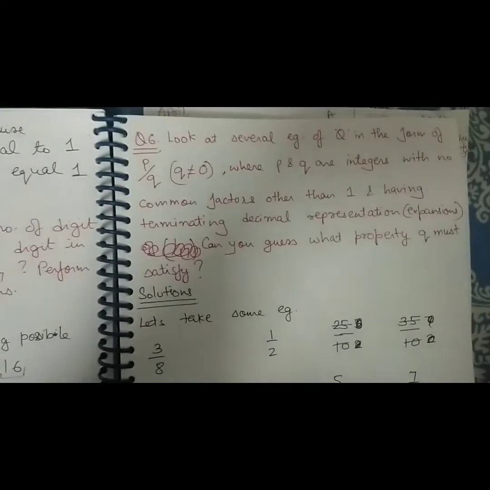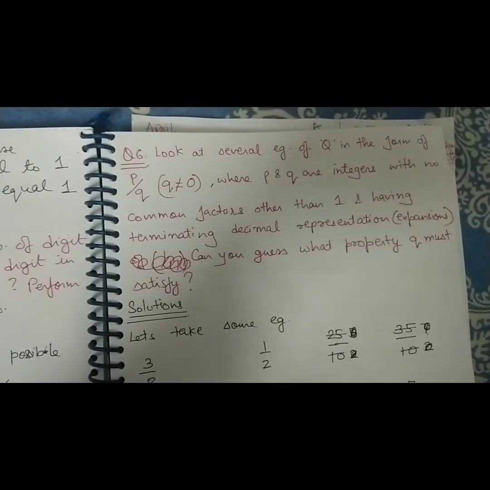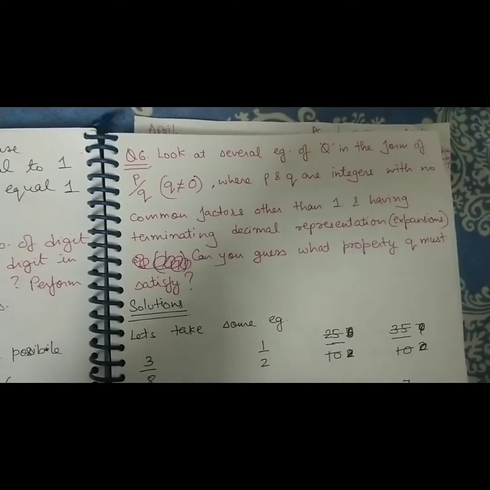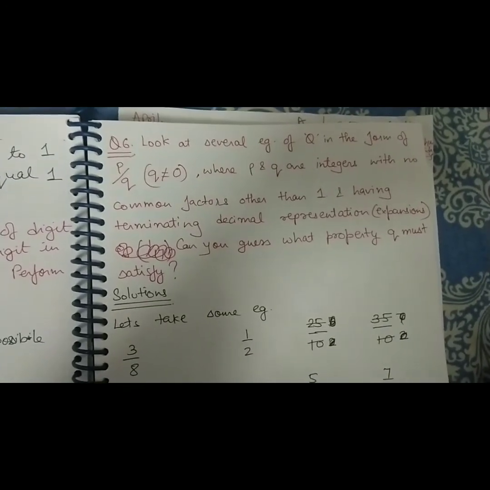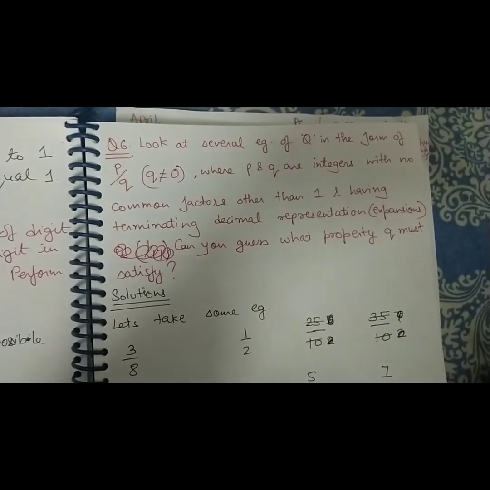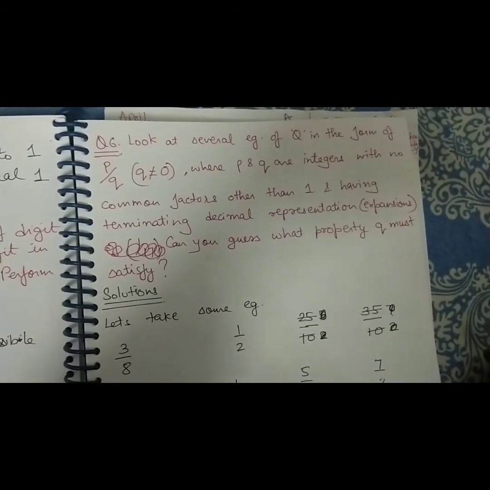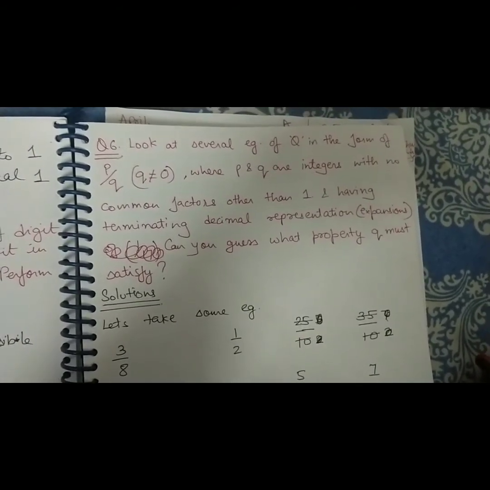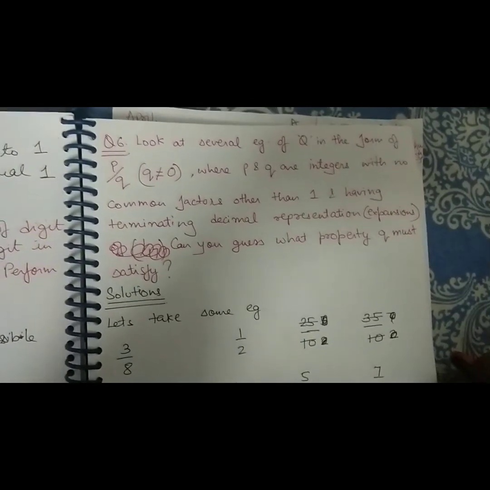Look at several examples of p upon q, where q does not equal 0, where p and q are integers with no common factors other than 1, having terminating decimal representation. Can you guess what property q must satisfy?